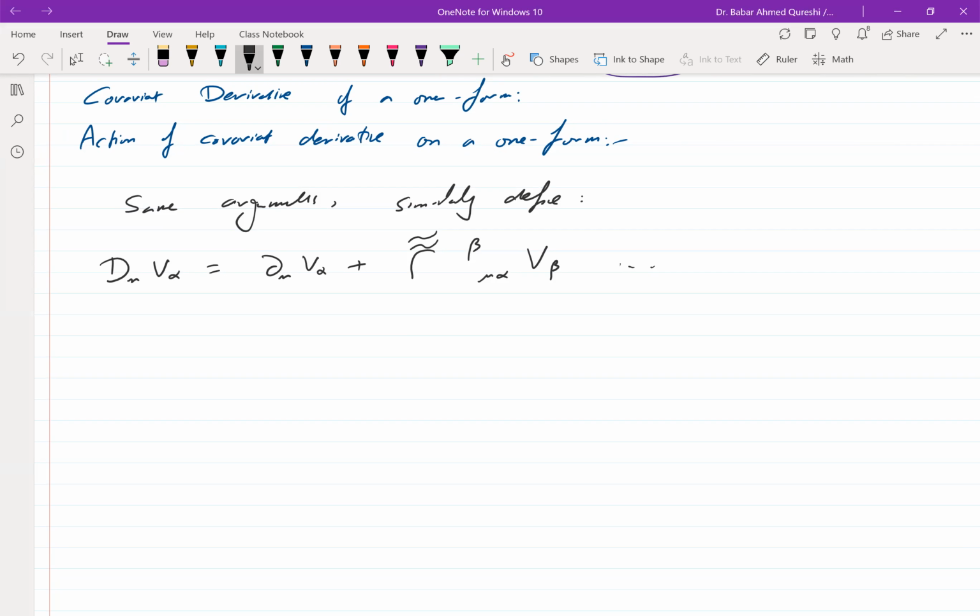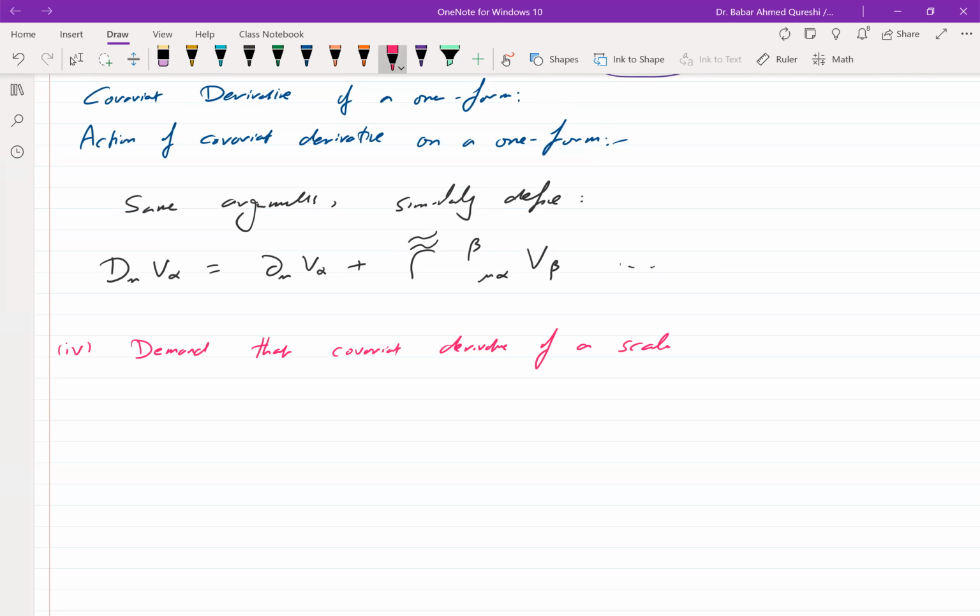Now we put another condition. I'm not keeping track of the conditions, probably it's the fourth. You demand that the covariant derivative of a scalar is just a partial derivative. Because what else could it be?